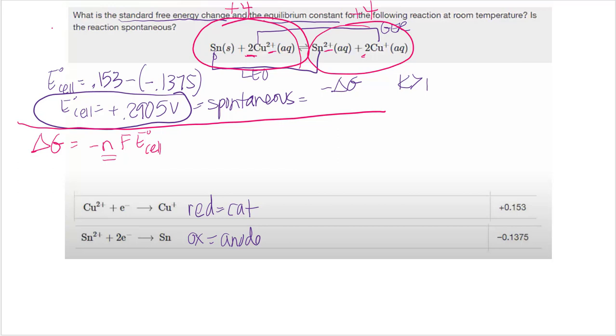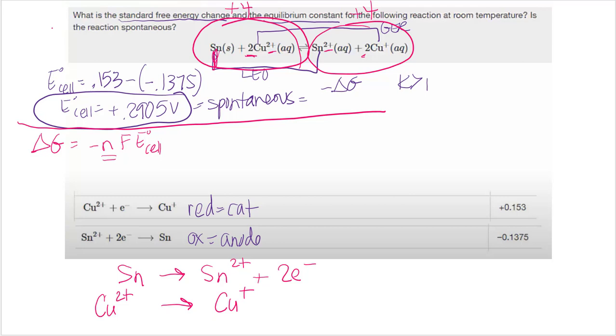Let's look through at this oxidation reduction. So I've got my tin, solid tin, and it is going to Sn2+. All right, that's my oxidation. So that means on my right side, I need 2 electrons. My reduction is my copper, my Cu2+, and it's converting to Cu+.